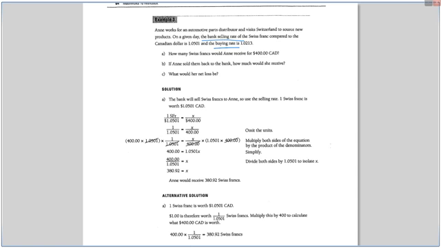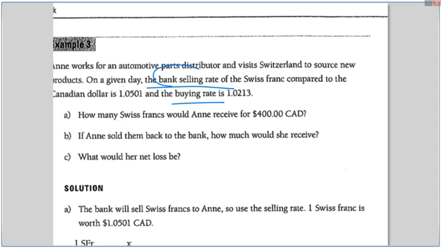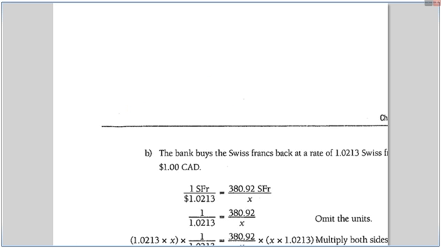The bank selling rate is what the bank will sell the currency to you for, and this is the rate that they'll buy it from you. You can notice they want to buy it from you at a cheaper rate than what they give it to you. So you have to pay an extra 3 cents difference, because the bank is trying to make money off of you, basically.